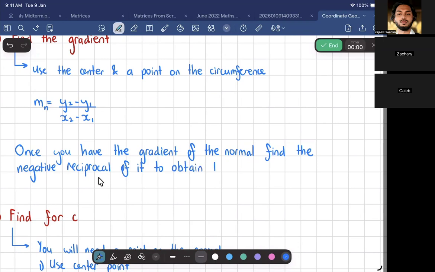The tangent. Yep, tangent. I like the energy I get in today. So like actually you're paying attention. That's good. Cool. To obtain the gradient of the tangent.